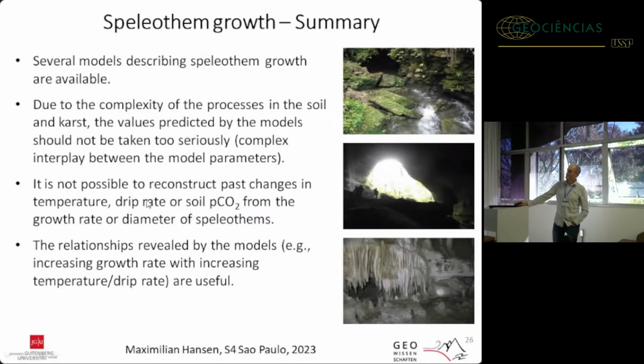It's not possible to reconstruct past changes like temperature, drip rate, or soil PCO2 just from the growth rate and the diameter of the speleothem. However, the relationships revealed by the models, for example the increasing growth rate with increasing temperature and drip rate, could still be useful in combination with all the different kinds of proxies we have.